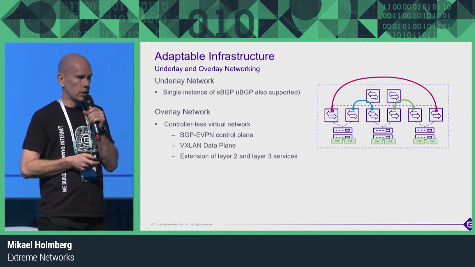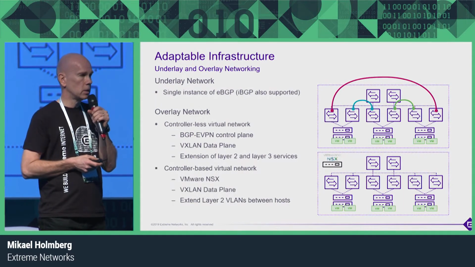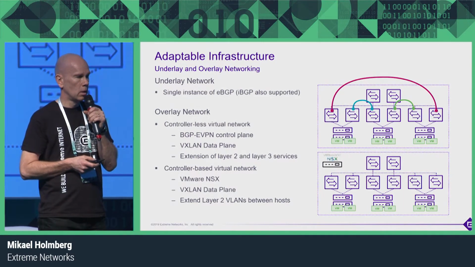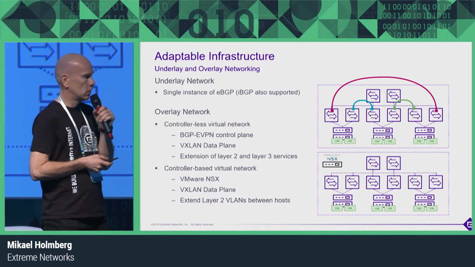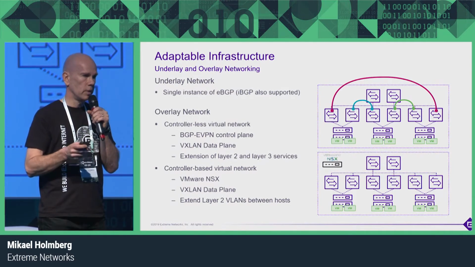You can have extensions for layer 2 and layer 3 based on this. And then the next one is that you go with a controller-based deployment, where the fabric is just providing the IP transport, while your VXLAN tunnel endpoints are within the hypervisor environment, so-called software VTEPs.